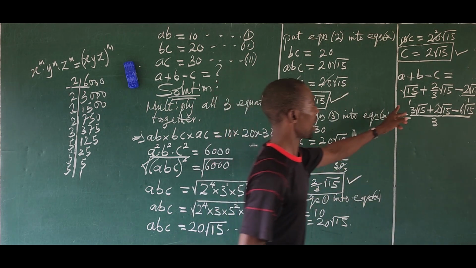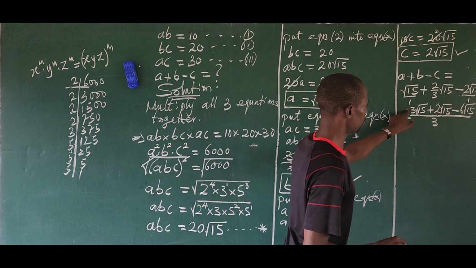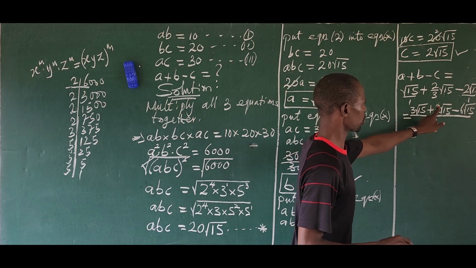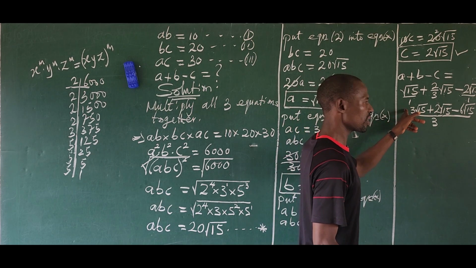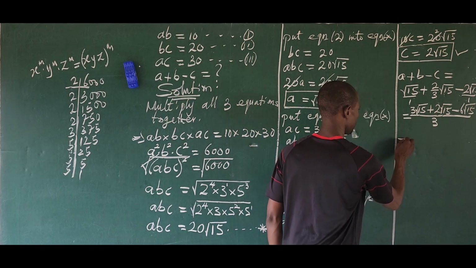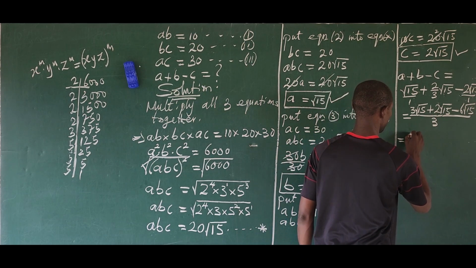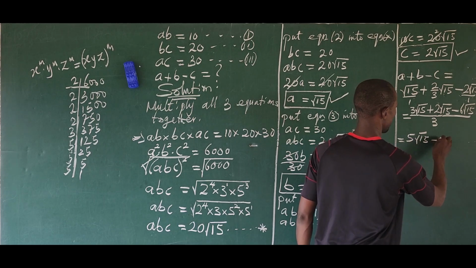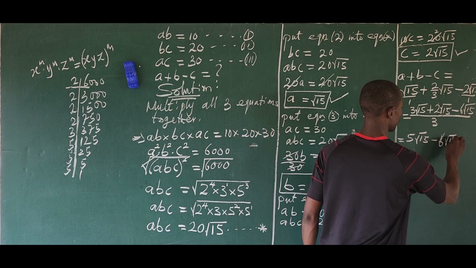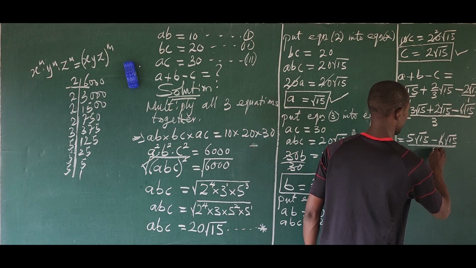Okay, so we can add this together. 3 root 15 plus 2 root 15 will give us 5 root 15. So we have here plus 5 root 15, then minus 6 root 15 all over 3.